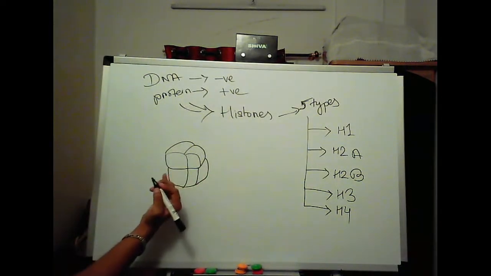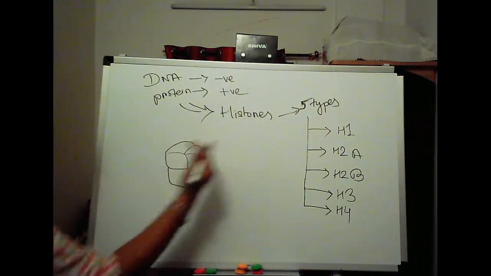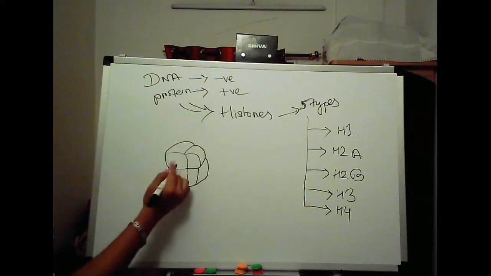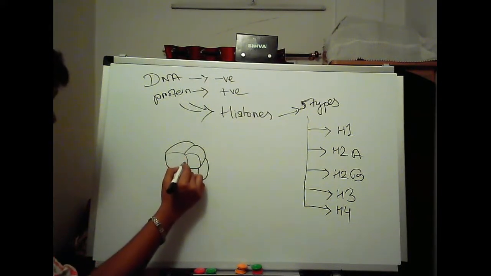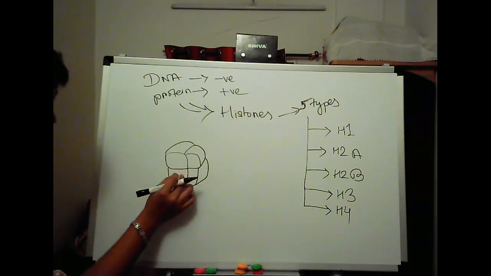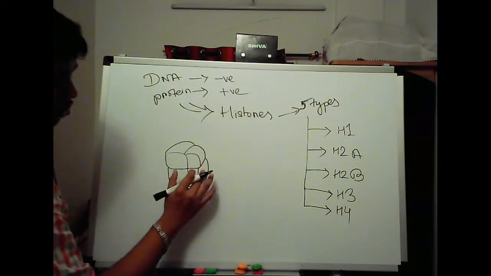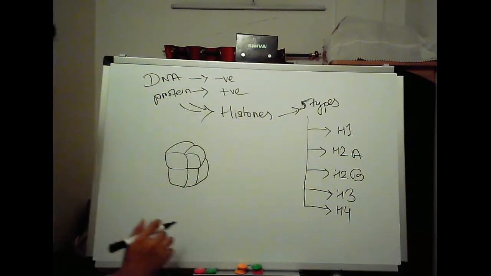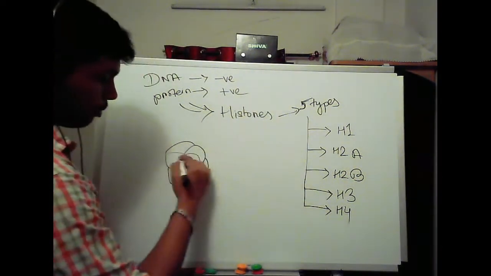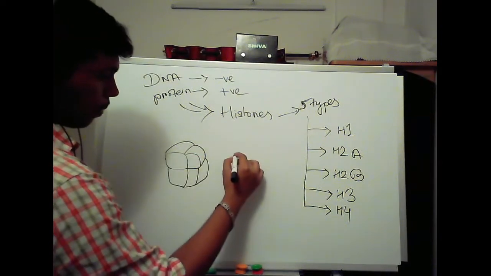I won't be able to draw it perfectly because it's a bit tilted like this. There is one more behind this. If I draw it like this, some parts would get hidden. There are four parts to the octamer. If I draw it in a pie format and separate it out, this is one part.